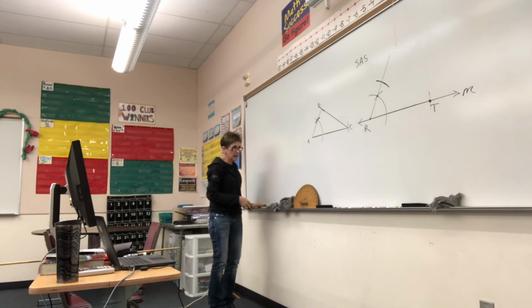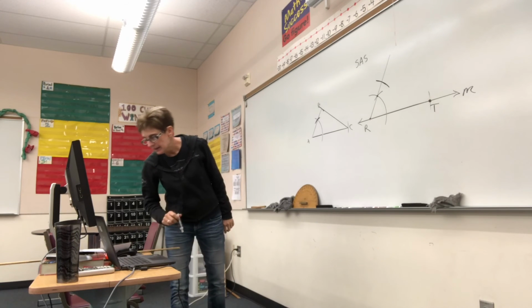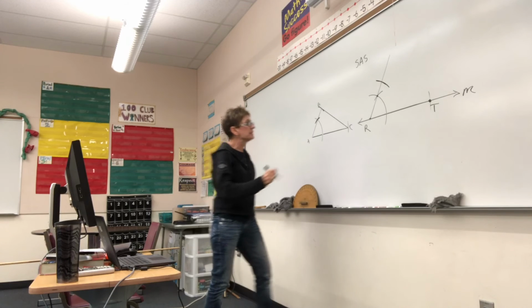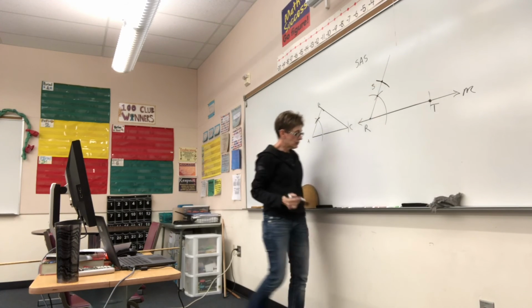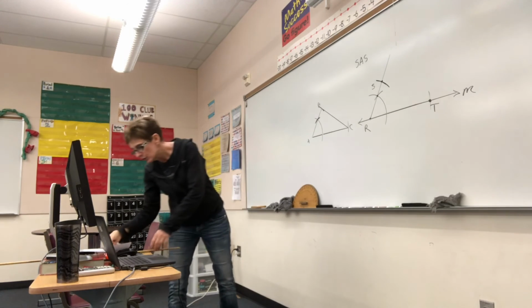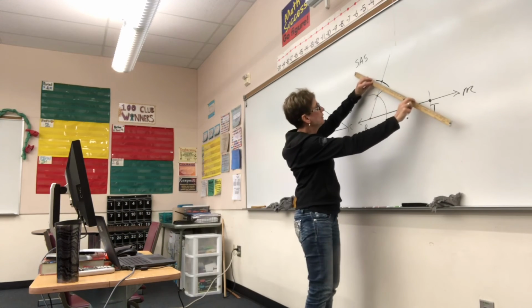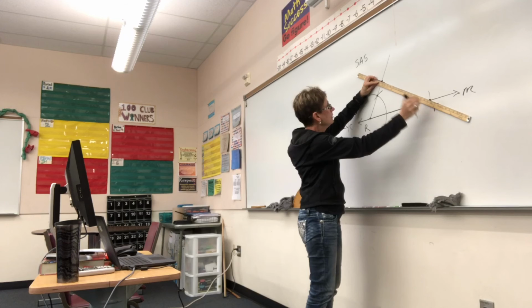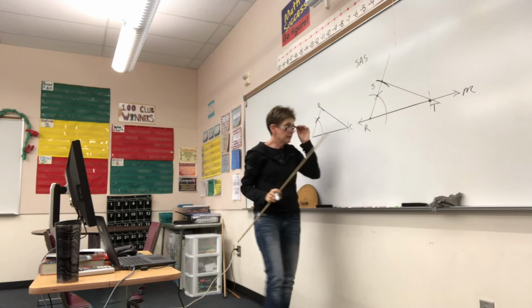Now that I've done that, I have the third part that I needed, the final side. And now it says draw ST, so we should put an S here. Draw ST to make the triangle RST. So I'm gonna put the yardstick here, or you would just be using a ruler, and there you go.